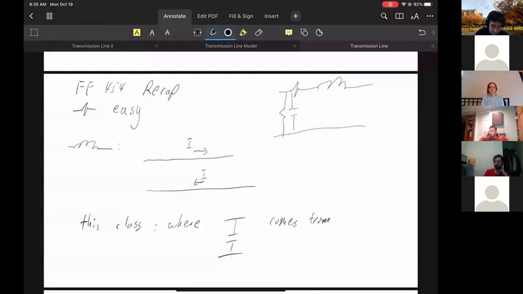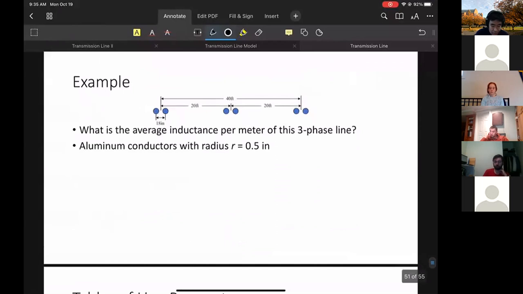Let's do one review question, one real example, to remind us. Let's say I have a three-phase line, and I bundle the two conductors. I put two conductors very close to each other, separated by 18 inches, and have three lines separated out this way.